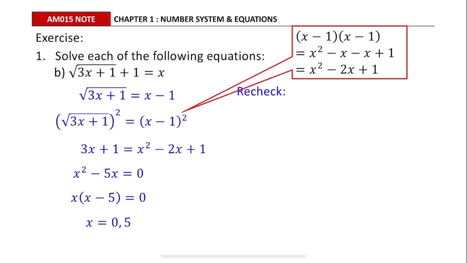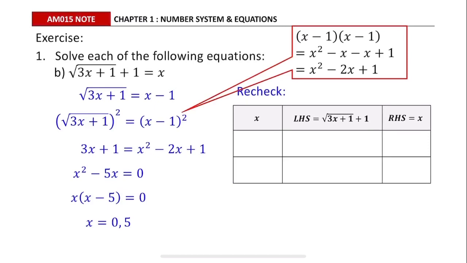The table has three columns: the first column is the value of x we got just now, the second column is the expression on the left hand side of the equation, and the third column is for the right hand side. Now we substitute x equals 0 into the left side and right side of the equation. We find that the values are not the same on both sides, so this is not the correct answer.